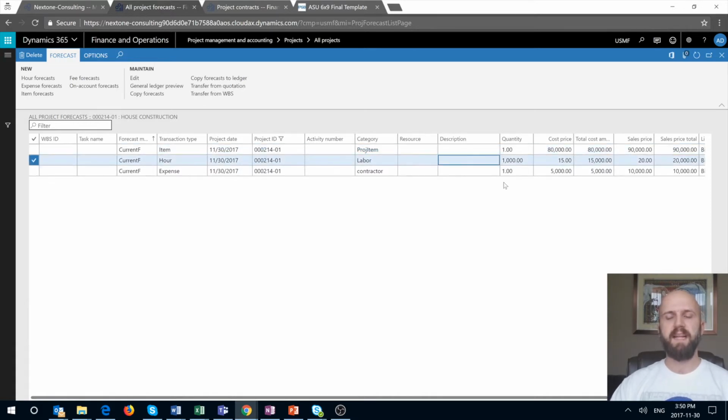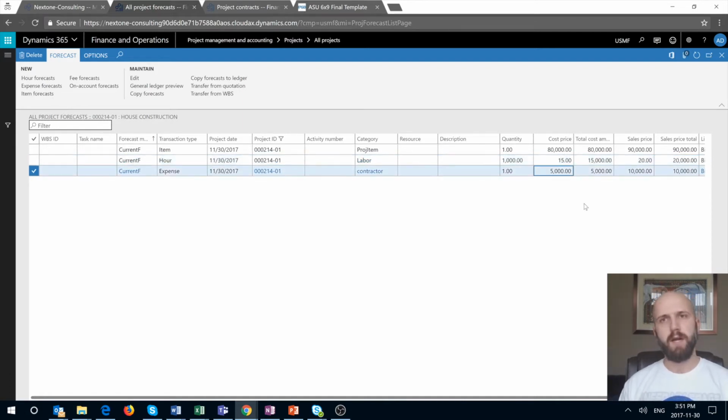Then we have a second line, which is an hour category, which is the labor to build our house. And we can see that the selling price is $20 per hour. In total, we have $20,000 because we have 1,000 hours of labor estimated for the project. And the third one is a contractor labor or contractor expense that is defined as $5,000 cost and $10,000 selling price.